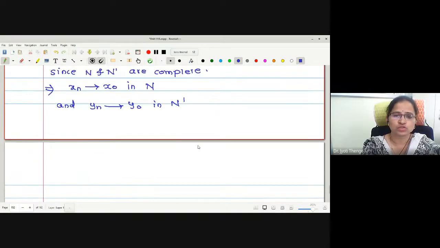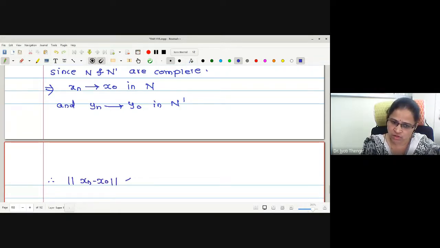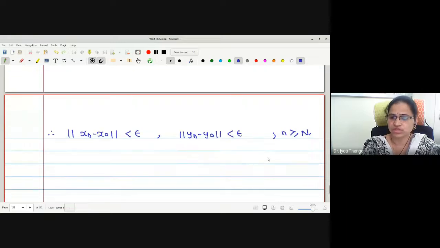If it converges to x naught, with the help of the norm definition, can I write norm of xn minus x naught less than epsilon, and norm of yn minus y naught less than epsilon for some n greater than or equal to n naught? Same symbol we will use, n naught. Okay, what is the meaning then?